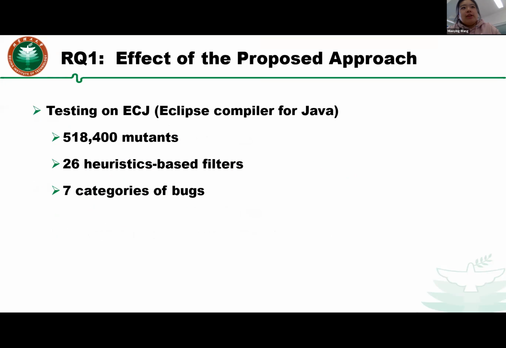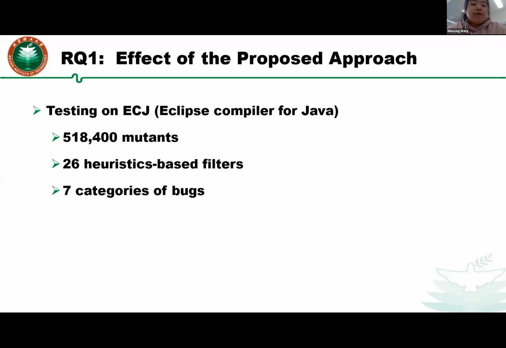For evaluation, the first research question is about the effects of the proposed approach. We make our testing on ECJ, the Eclipse compiler for Java. We totally generate 518,400 mutants and filter out the false positives with 26 heuristic-based filters.